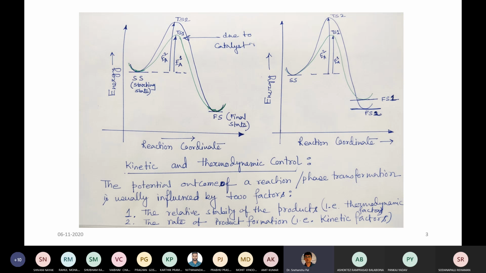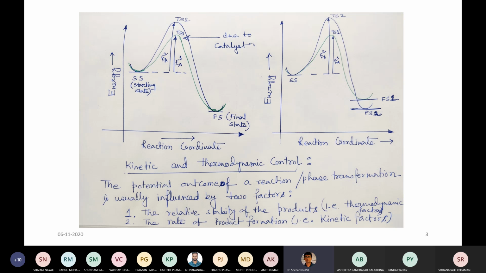And the rate of product formation, if you take the activation energy as the representative, then in the left hand side figure, the first figure, the rate of product formation is important to get the potential outcome of a reaction or phase transformation, that is the kinetic factor.